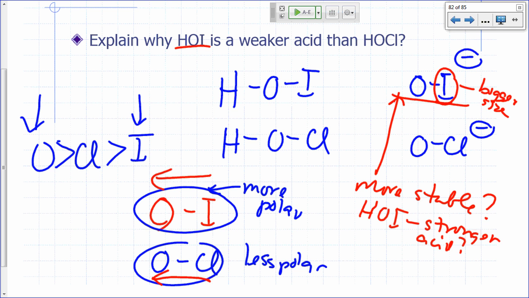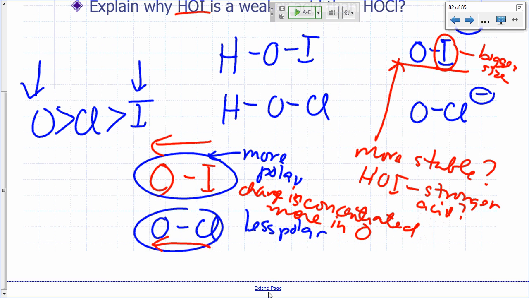So we can say in a sense that because this bond is more polar, the charge is concentrated more in oxygen. So in a way, you have a higher charge density on the oxygen, which would make more impact on the ability of your molecule to lose a proton, because now this would explain the opposite observation, right?